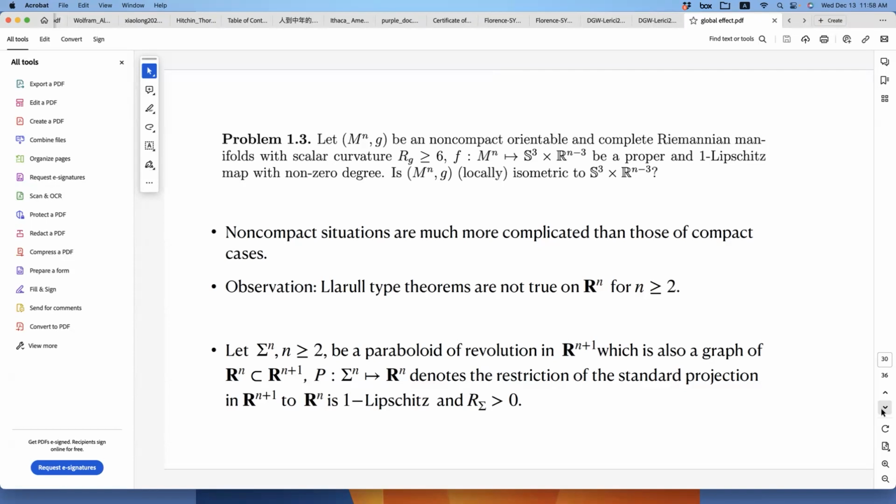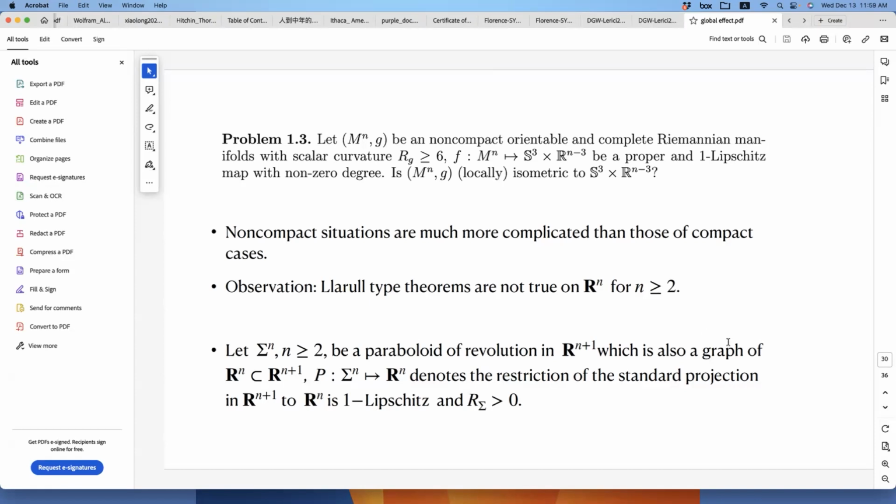I should say that non-compact situations are much more complicated than the compact case. Now, here's a simple observation. That is, the Llarull type theorem is not true on Euclidean space for n bigger than or equal to 2. Here is an example. Let Sigma^n be a paraboloid of revolution in (n+1)-dimensional Euclidean space, so Sigma^n is a graph over R^n.